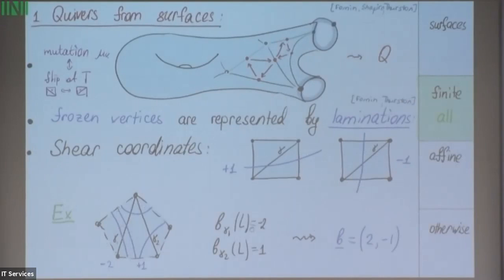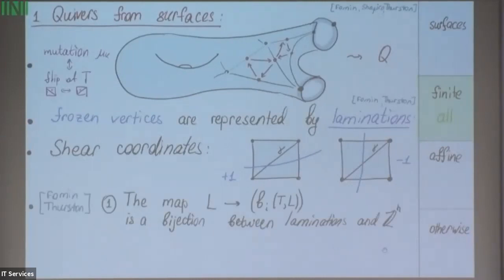I write -2 here, and for arc 2, I see one lamination crossing in positive direction. I write +1 here. I completely ignore this bit because it is something very local near this point. And then I will write the vector (2, -2). Since I had this unlucky choice, my vector is the negative shear coordinate.